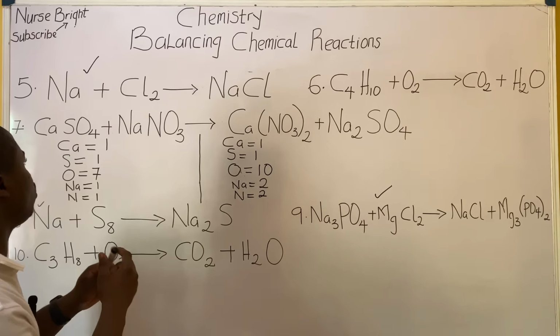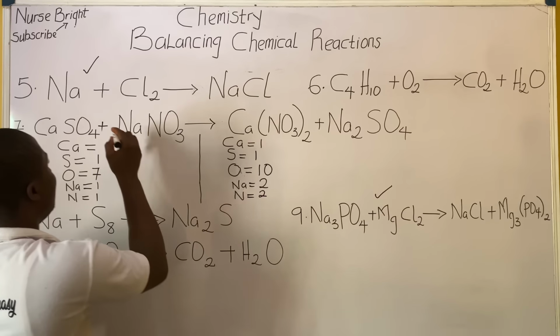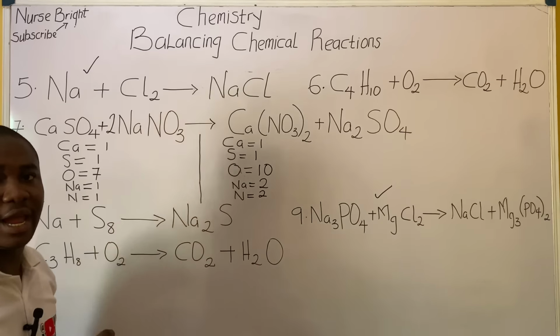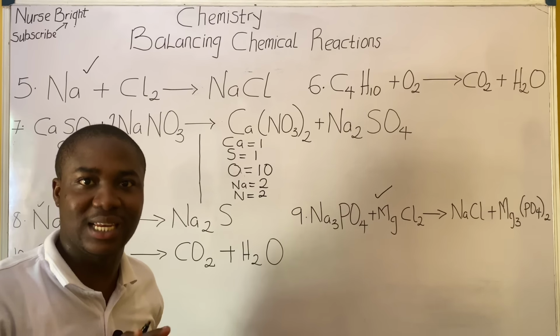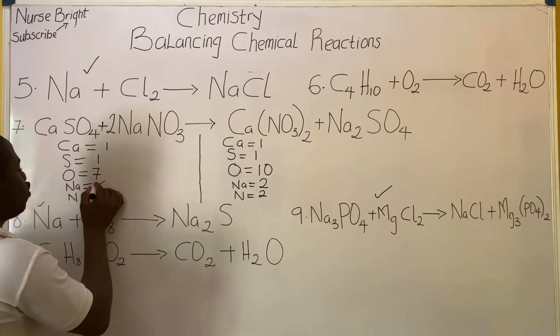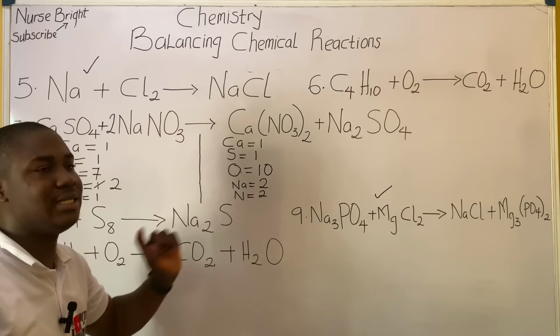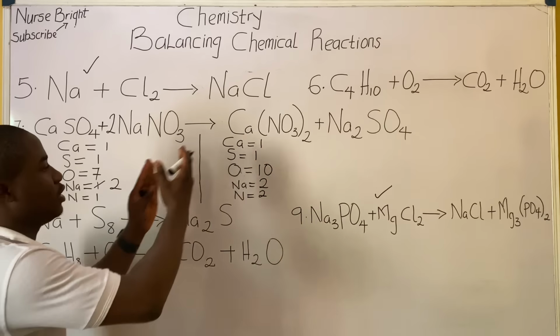So it's easier for me to just work on sodium to make sure that sodium is balanced. Since sodium is 2 here, it's best for me to put 2 here, because we are balancing this sodium and automatically it is still balancing oxygen. I believe you understand what's happening here. So here is 2 sodium already, so sodium is balanced. Are you there? Let's check how to balance nitrogen to make sure it's 2 as well.